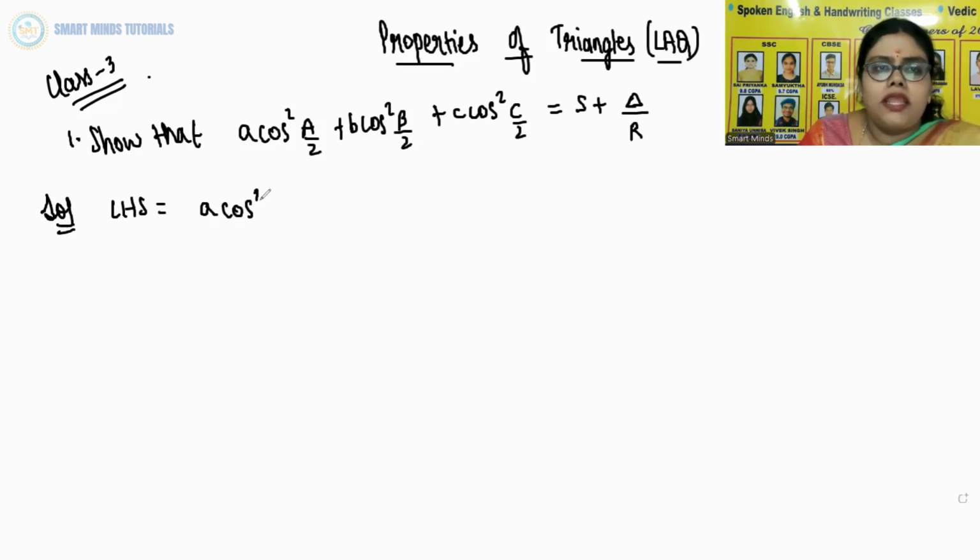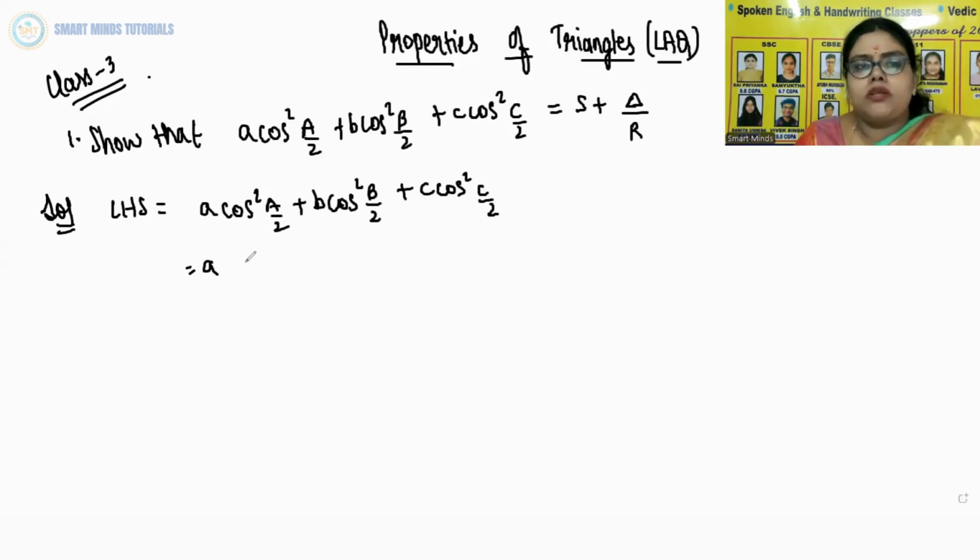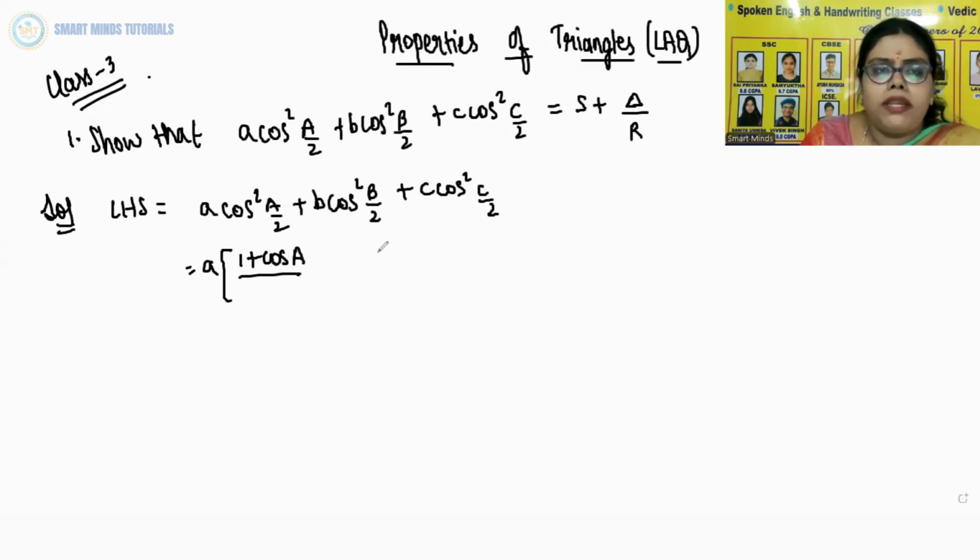LHS is A cos square A by 2 plus B cos square B by 2 plus C cos square C by 2. Now from trigonometry we know that cos square theta can be written as (1 plus cos 2theta) by 2. Like cos square A by 2 can be written as (1 plus cos A) by 2.